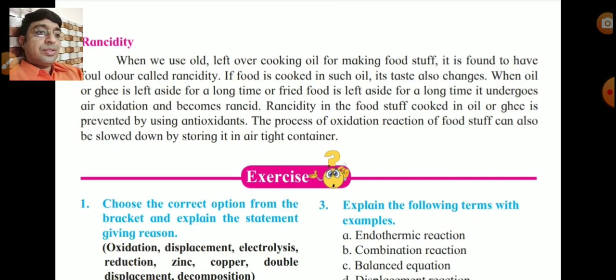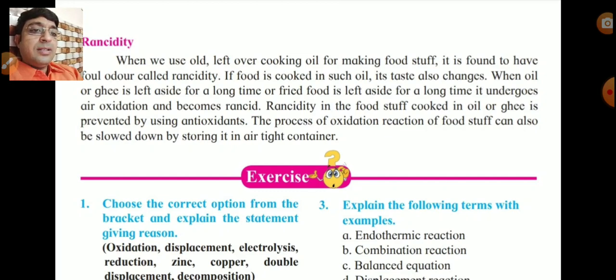Rancidity in foodstuff cooked in oil or ghee is prevented by using antioxidants. Antioxidants are chemical substances that are used to reduce or prevent the rancidity process. The oxidation reaction of foodstuff can also be slowed down by storing it in airtight containers.